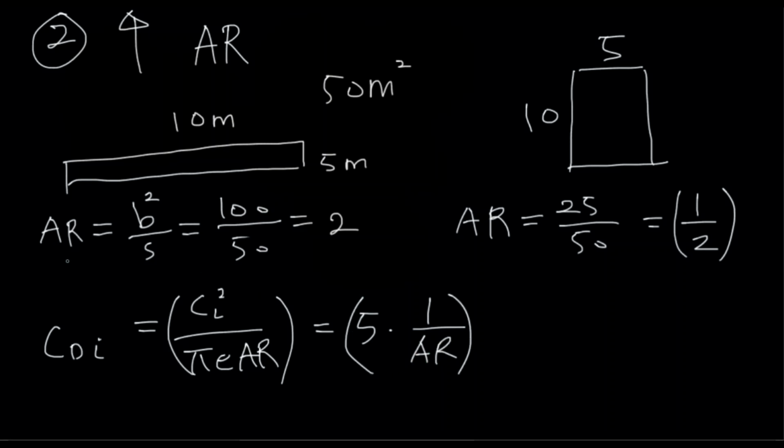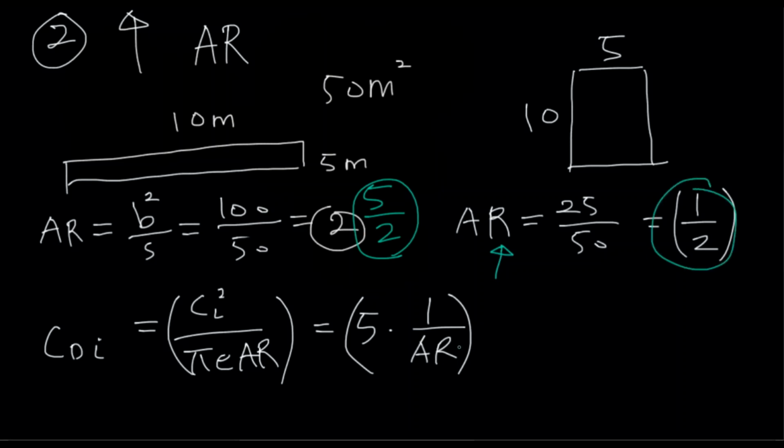Okay? Now, if we put this AR of 2, this will be 5 over 2. I'm going to change the color so we know what number we're using. So for this wing, we have the induced drag of 5 over 2. How about this AR, 1 over 2?